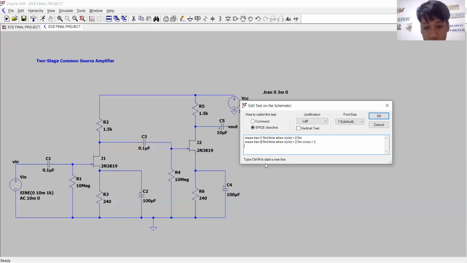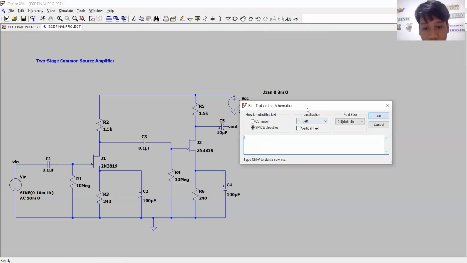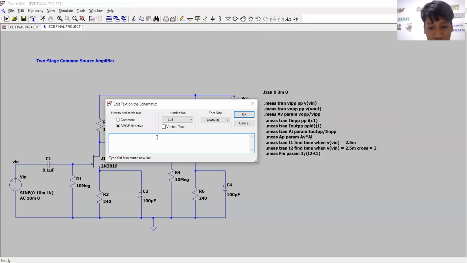And then next is for the frequency in. That measure Fin param 1 over T2 minus T1. And then there will be additional commands again for the output.